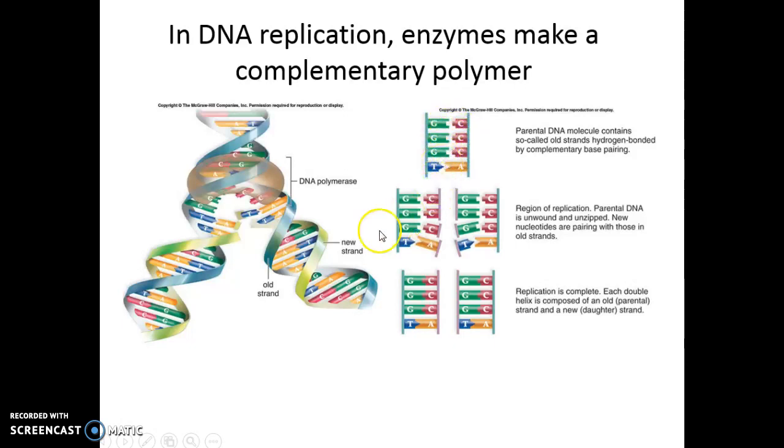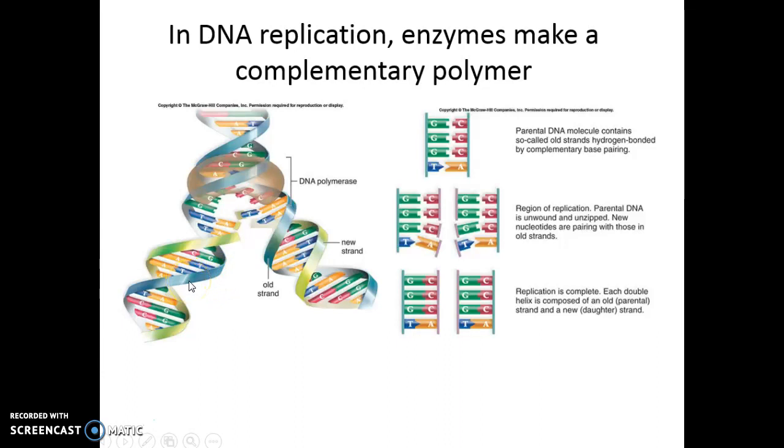And so then what happens is you have new DNA molecules that can be created, replicated by material coming in and filling in. All right, so this yellow strand here is the new strand, and over here is the old strand.